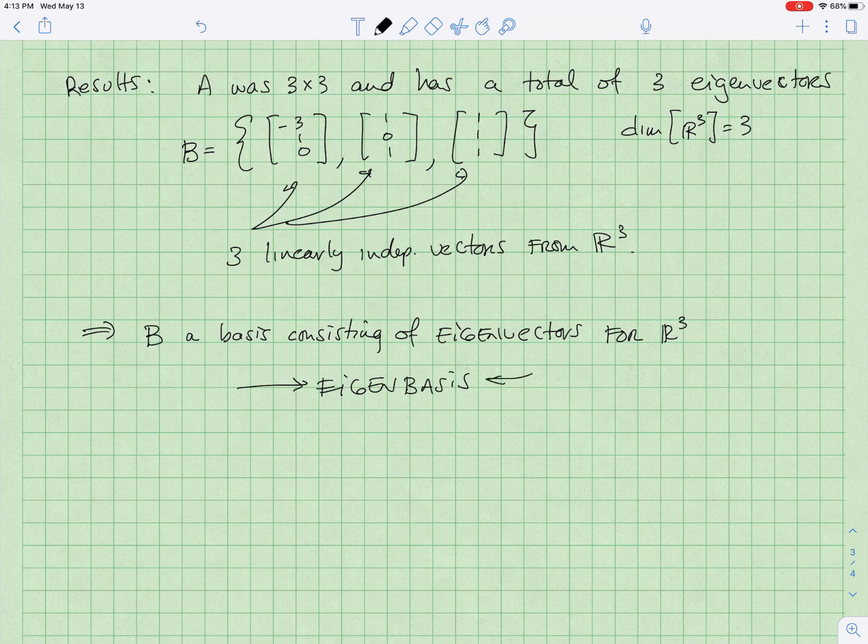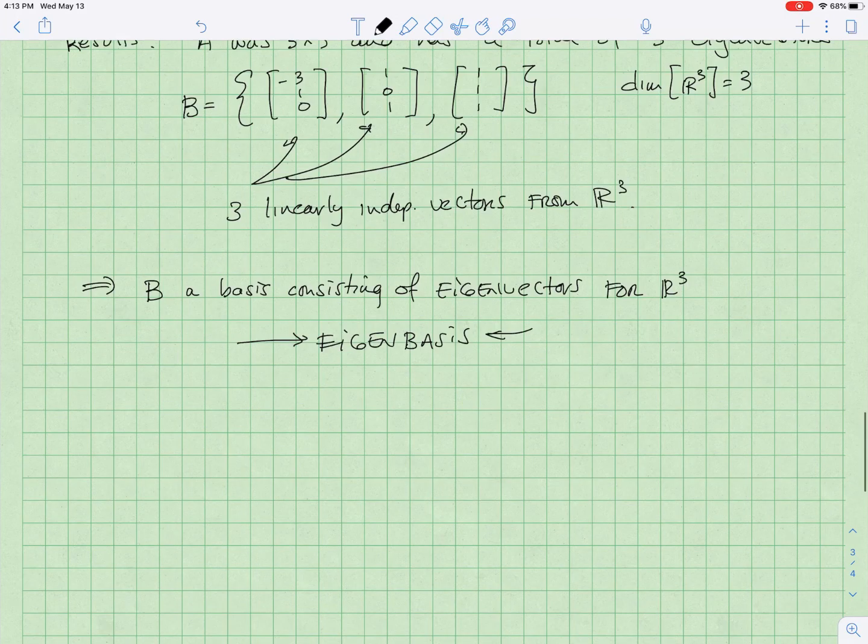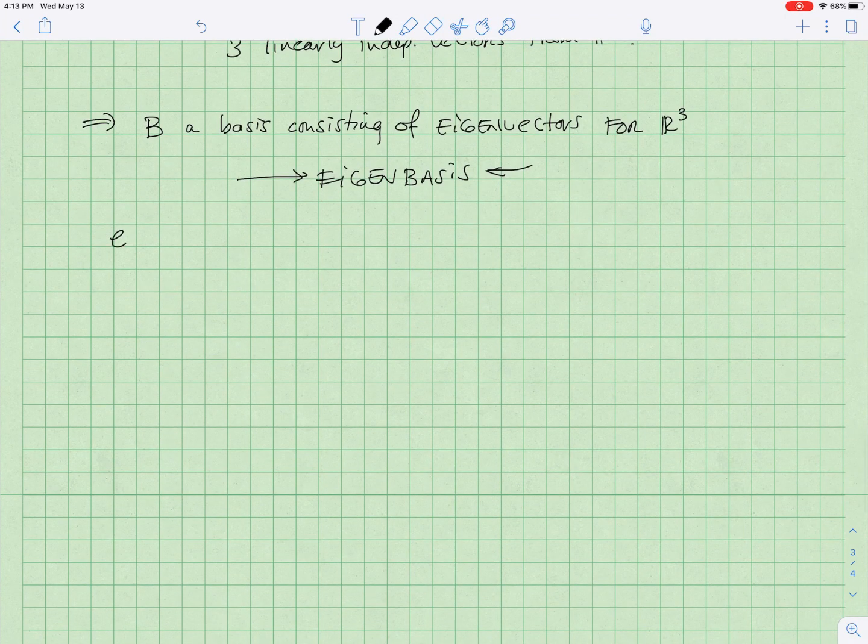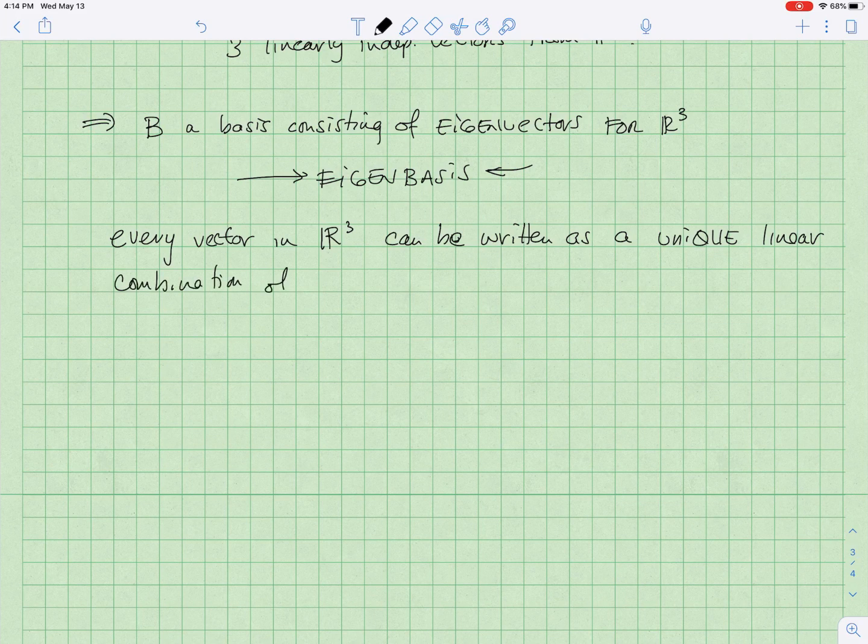Now, why is that important? Well, number one, since we have a basis, every vector in R3 can be written as a unique linear combination of these basis vectors.